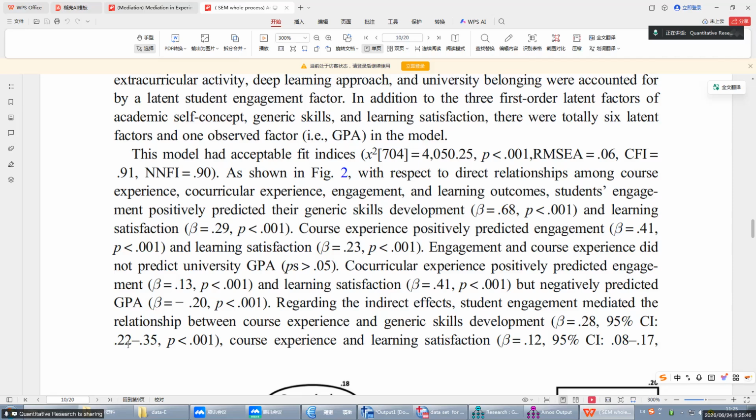Yes. In that case, you need to find support for your mediation. The support, for example, theoretical support. Some theories may support that there might be a mediation hypothesis among these variables. You also need to find empirical support for the mediation.